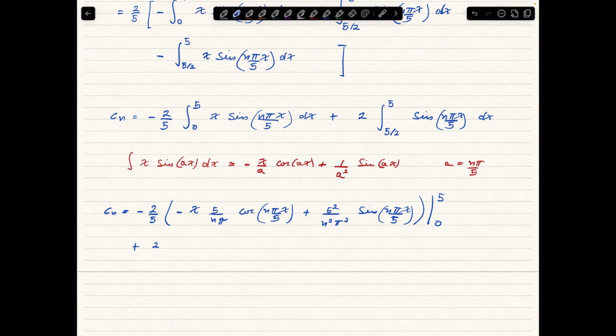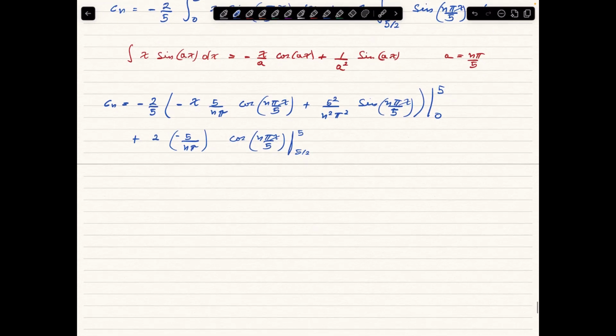Then we need to integrate the sine. Which function has the derivative sine? Well, that is minus cosine, so we are going to have minus 5 over n pi, then the cosine of n pi x over 5, and this cosine has to be evaluated only at 5/2 and 5.